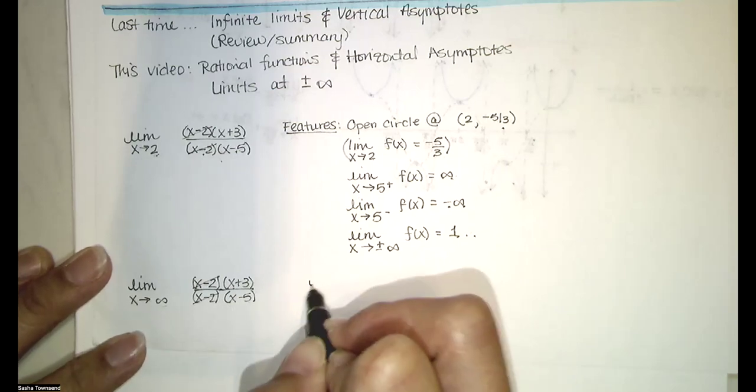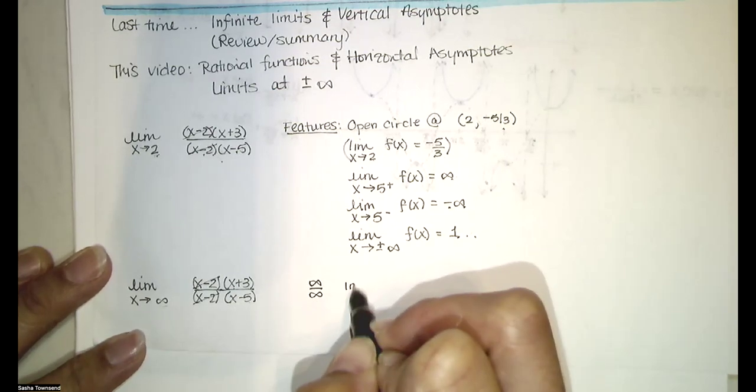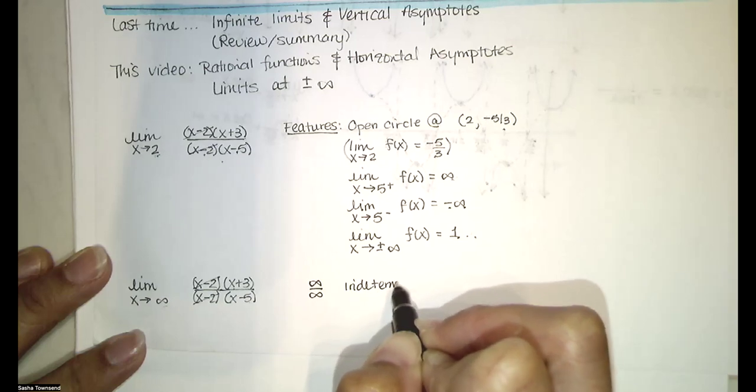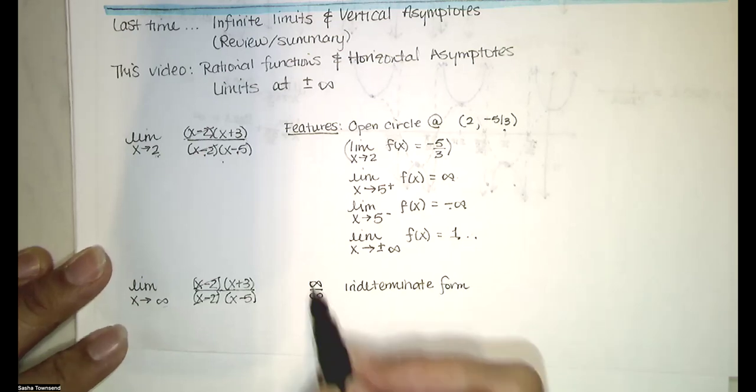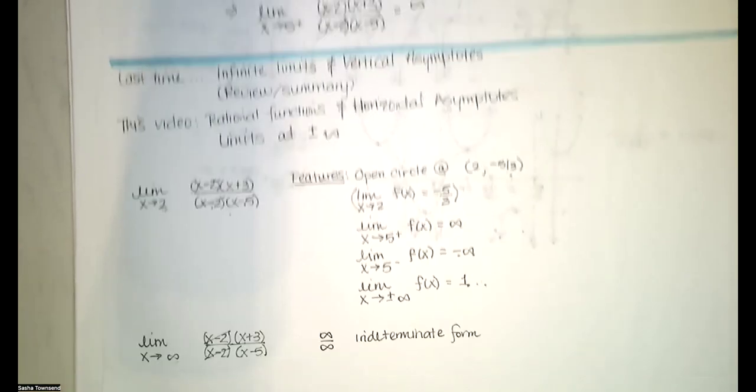Well, we call this an infinity over infinity indeterminate form, because the numerator and denominator are approaching infinity. In order to get rid of the infinity over infinity indeterminate form, we need to divide.